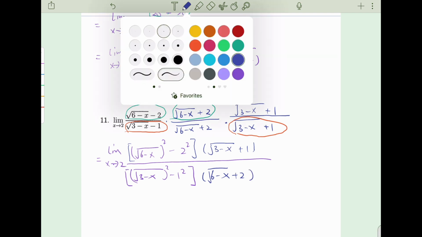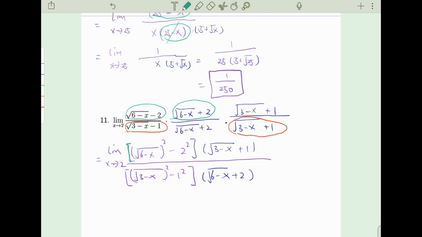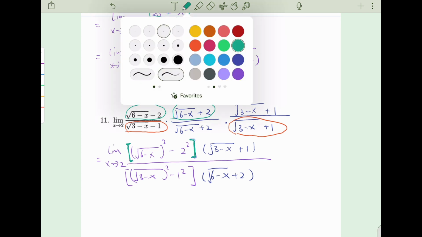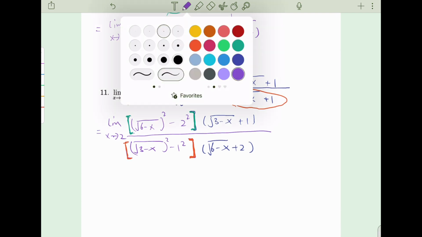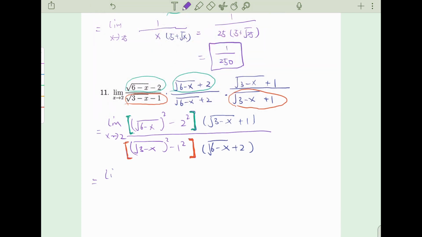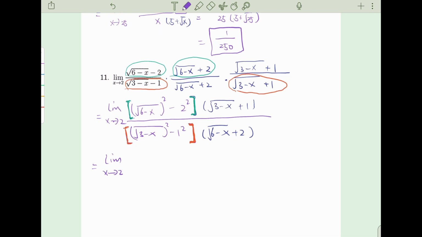Okay, here's the green thing, and this is the orange thing. Okay, now continue. Get rid of the square root by using the square.